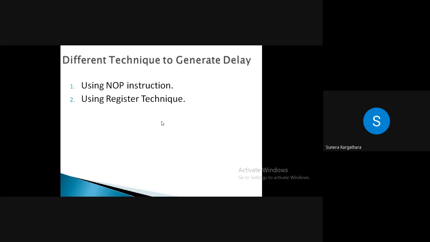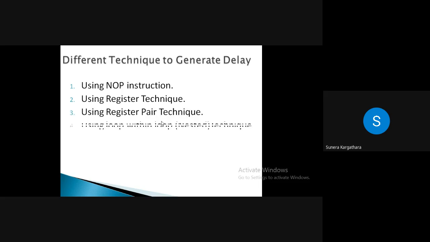Using the register technique, you have a register which will load your data, which is FF. Even if you are loading the maximum value inside your register, you are getting your delay in terms of milliseconds. So what can be done if I need my delay in terms of seconds?